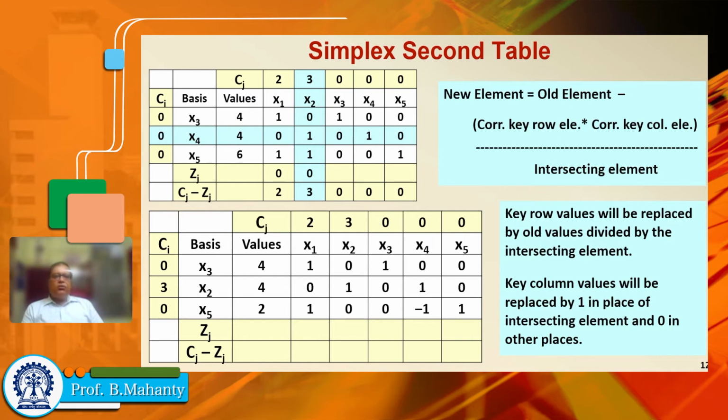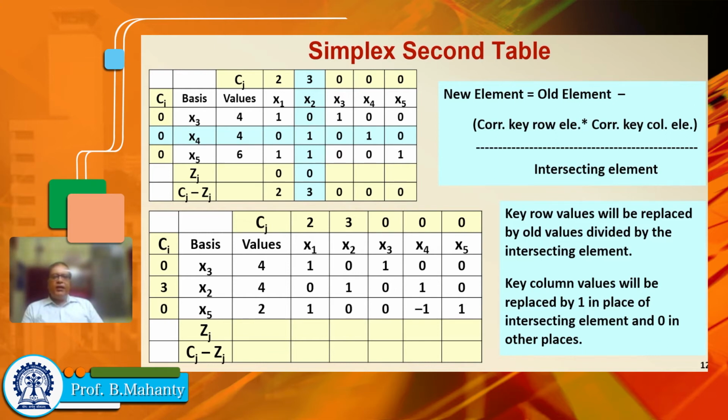So this row can be written as it is: 4 minus 4 into 0 by 1, 1 minus 0 into 0 by 1, 1 minus 0 into 0 by 1, 0 minus 1 into 0 by 1, and 0 minus 0 into 0 by 1. So no change in this row. It will become 4 1 0 1 0 0.